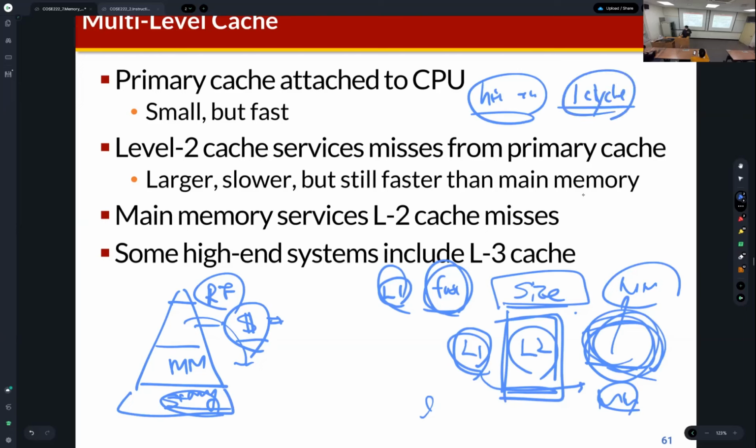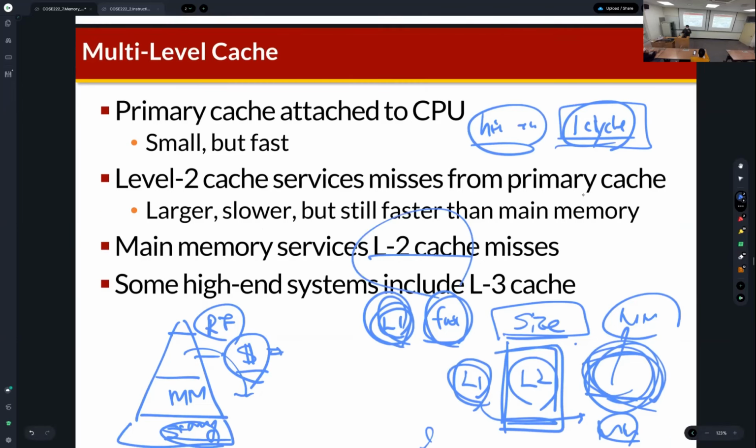It's very fast. But to support a one-cycle hit time, the size of the L1 cache needs to be very small, which means we cannot store much data in the L1 cache. So we can have the level 2 cache, the lower level cache.